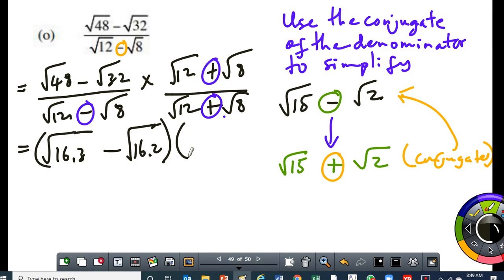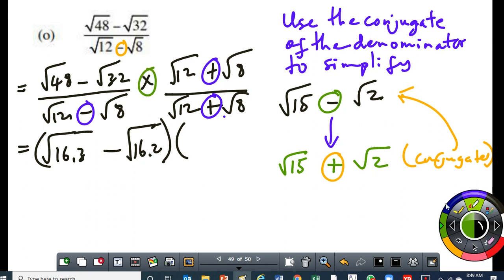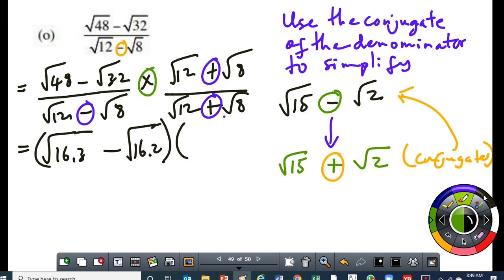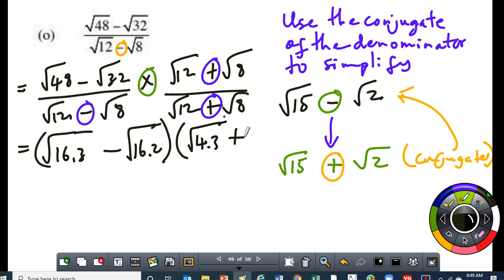Then I'm going to convert this multiplication to a bracket. I'm going to replace it with a bracket. So if I do that, the square root of 12 becomes the square root of 4 by 3 plus the square root of 8 becomes the square root of 4 by 2. Then I close my bracket.